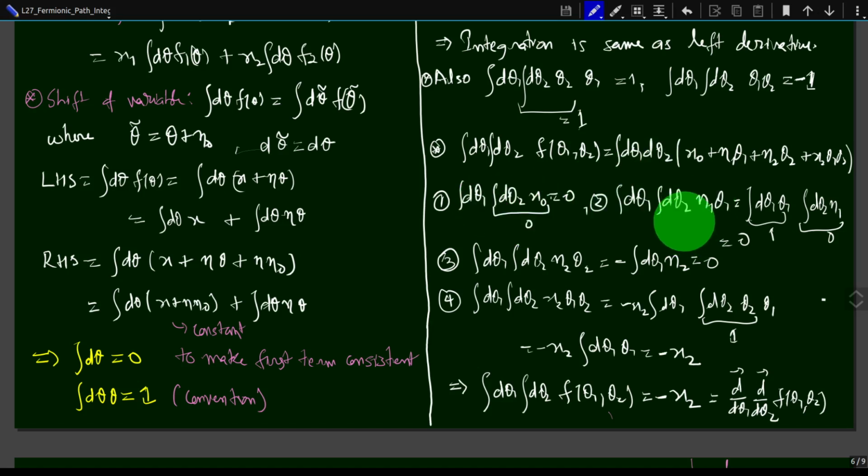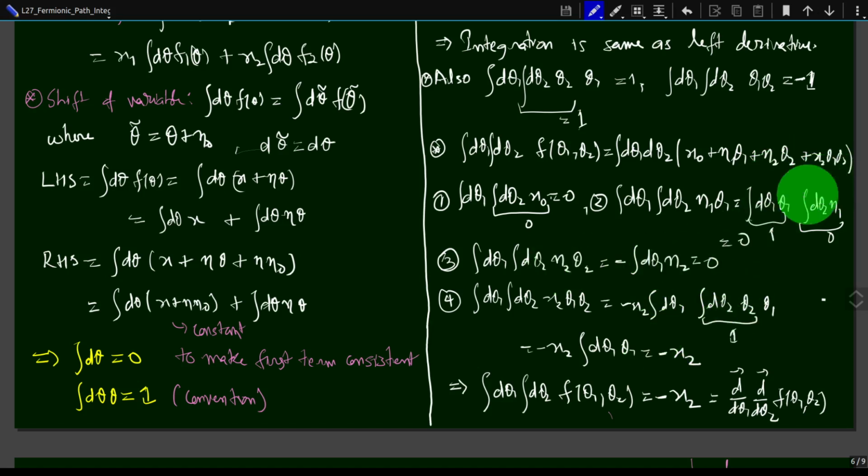The second term has eta theta 1 in it. So I bring this theta 1 across two of the Grassmann variables to sit over here. It becomes d theta 1 of theta 1, that is 1, but d theta 2 of eta 2, or some other constant if eta 2 is sitting outside, is again 0. So this second piece also gives me 0. The third piece has d theta 1 d theta 2 of eta 2 theta 2, and again I can do the integration of theta 2 to give me -1 because it has to swap the order, and then the integration of theta 1 over a constant is 0. So that third piece is also 0.